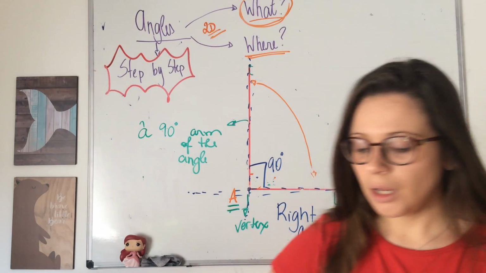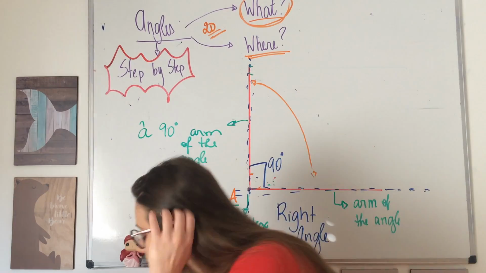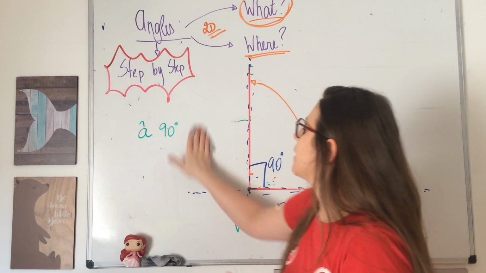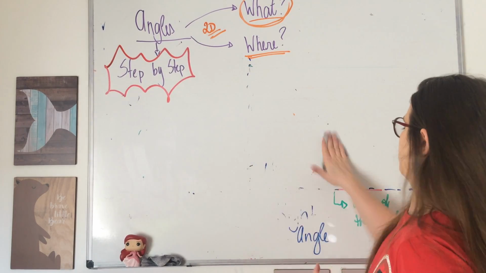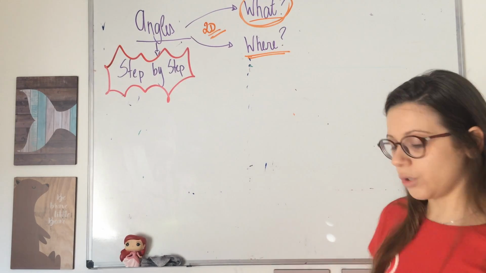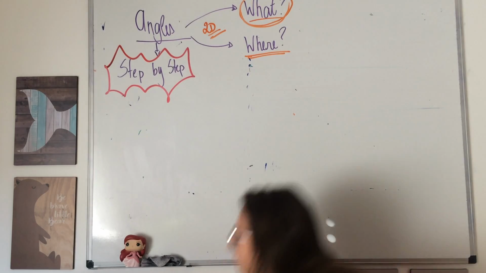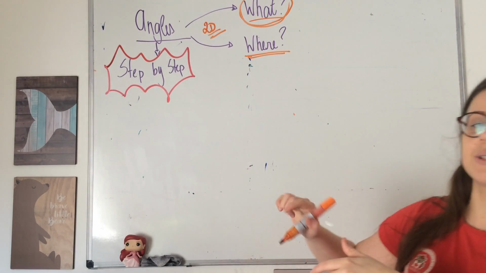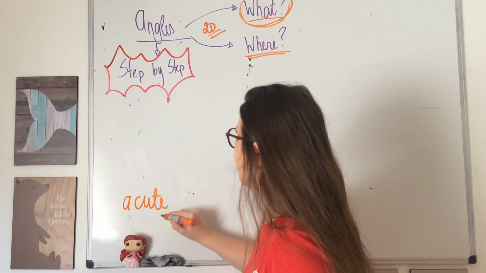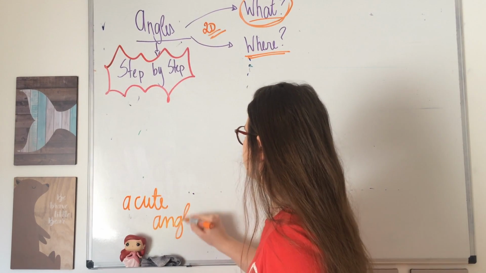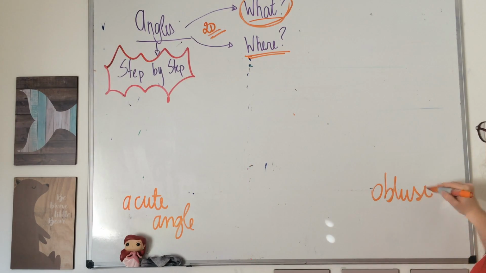There are two other names to classify the angles. We have the acute angle, and we have what we call an obtuse angle.